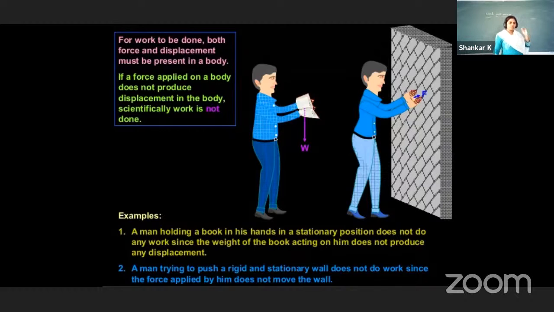When you put the force and the wall is moved a little distance, then only we can say that work is done. But if you touch the wall and do not apply any force, here we can say that there is no work done.